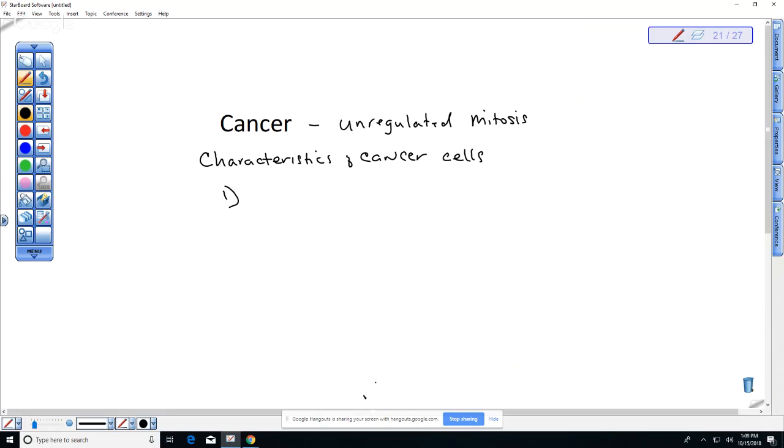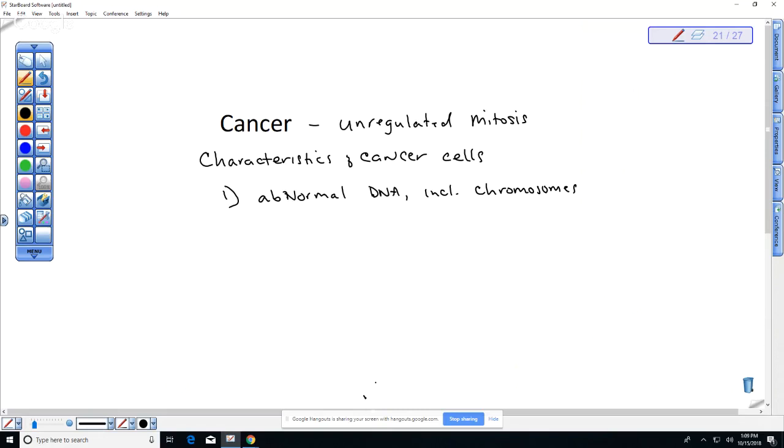Okay. The first one is that they have abnormal DNA, including chromosomes. So they might have extra chromosomes, for example. Their chromosomes might be broken, right?